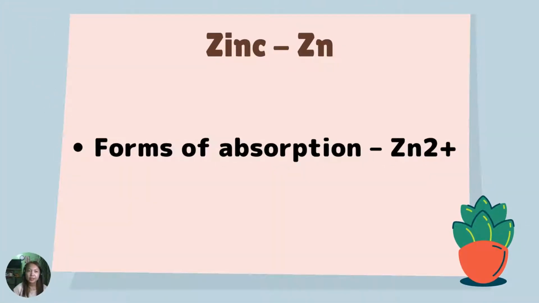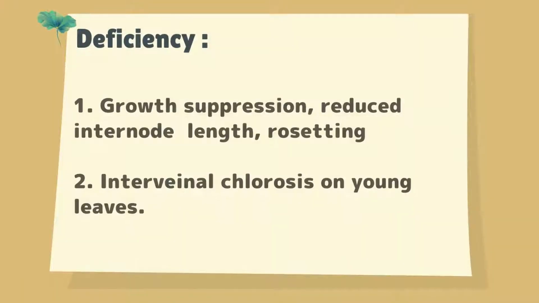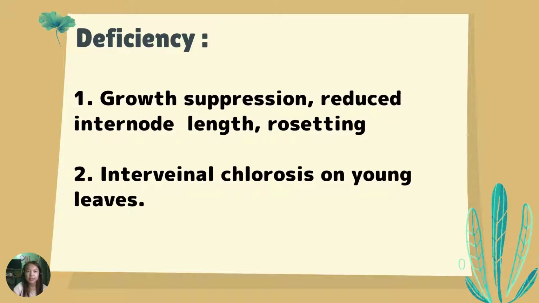Okay, and lastly, for this one, the element zinc. It is absorbed in the form of the zinc ion. The function of zinc is to help the plant produce chlorophyll, important for photosynthesis, and it is also a constituent of certain enzymes. So it is also responsible for the activities inside the cell.